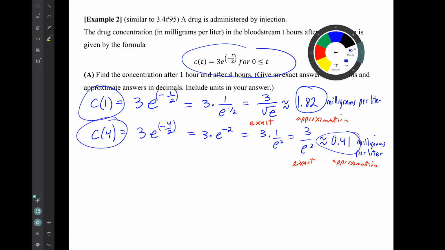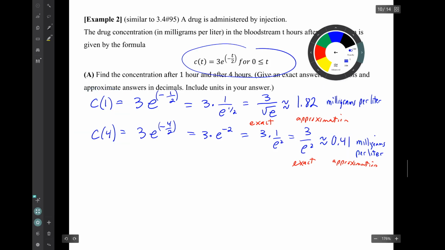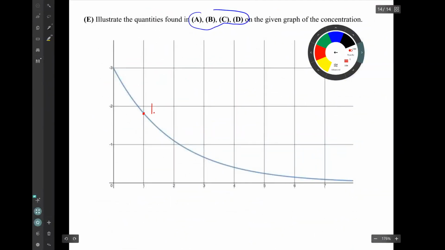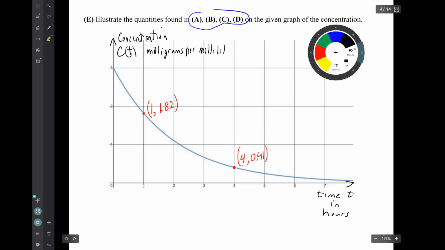That gives us XY pairs, or TC pairs, on our graph. So we illustrate those quantities by labeling those points with their coordinates. So that's an approximate Y value, 1.82. And there's an approximate Y value there. All right, so we've labeled those points with their coordinates.